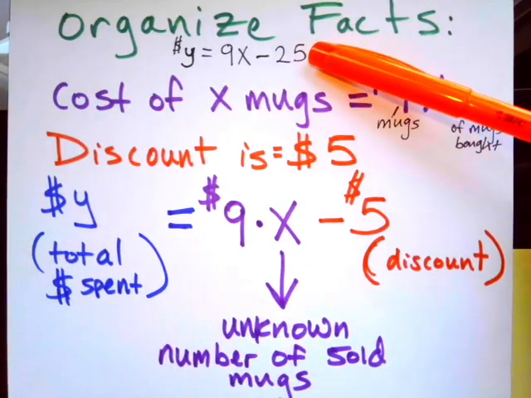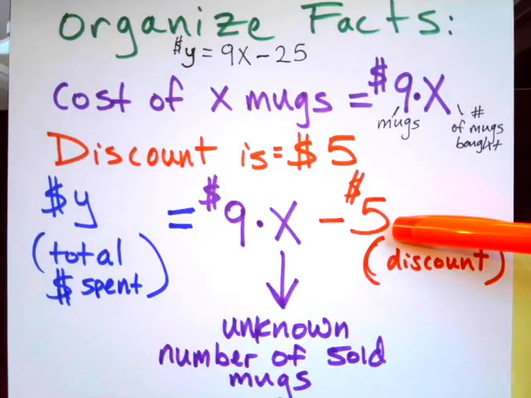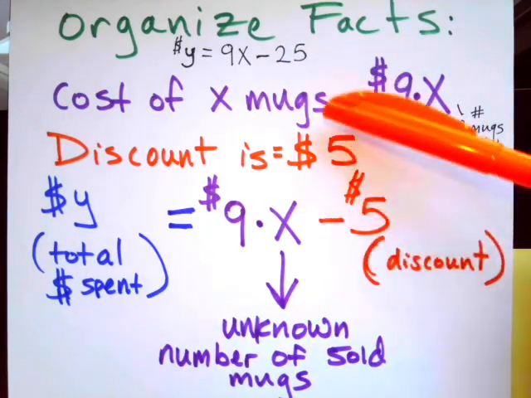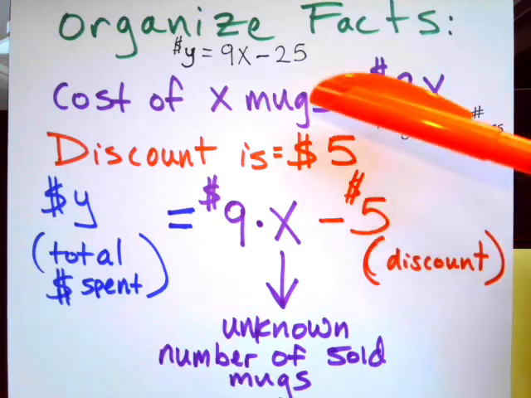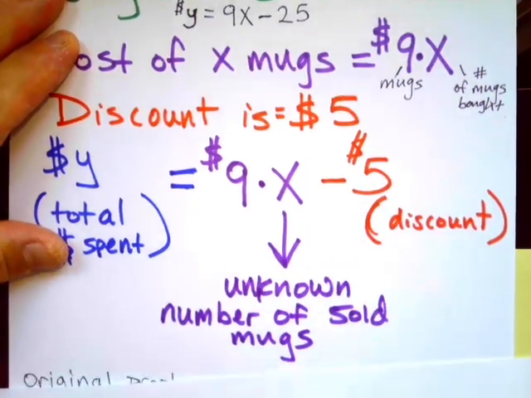So what's the difference between these two? y equals 9x minus 25, y equals 9x minus 5. It looks to me like the minimum amount of money needed to spend to earn the discount and the actual discount, the 25 and the 5, are switched places.